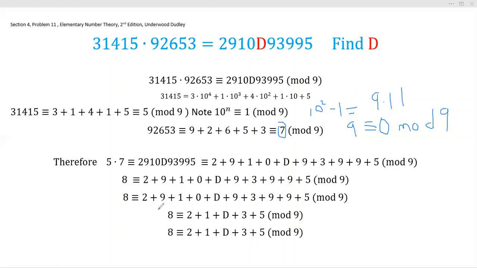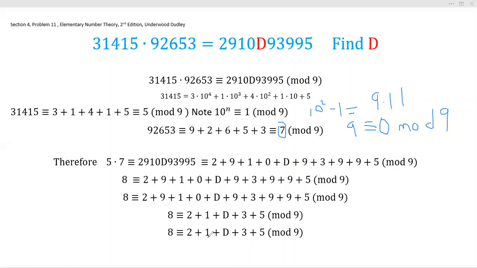Now, the rest of this is just simplifying. 8 stays on the left-hand side. We have a ton of 9s that went away. All of these 9s are 0. And then you end up with this statement right here.